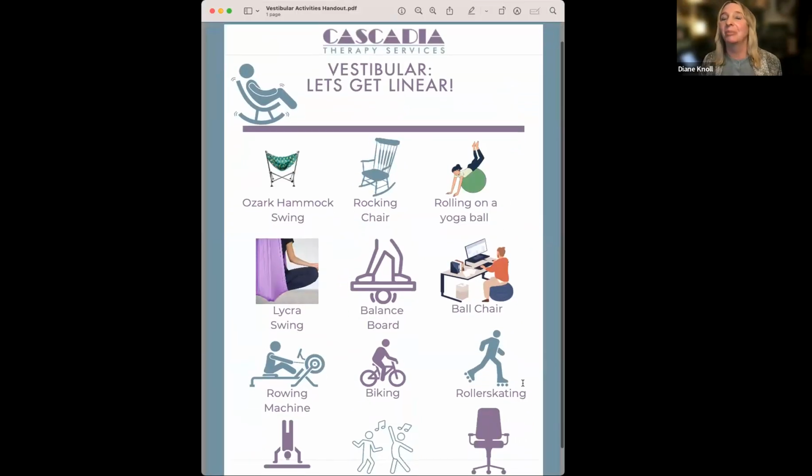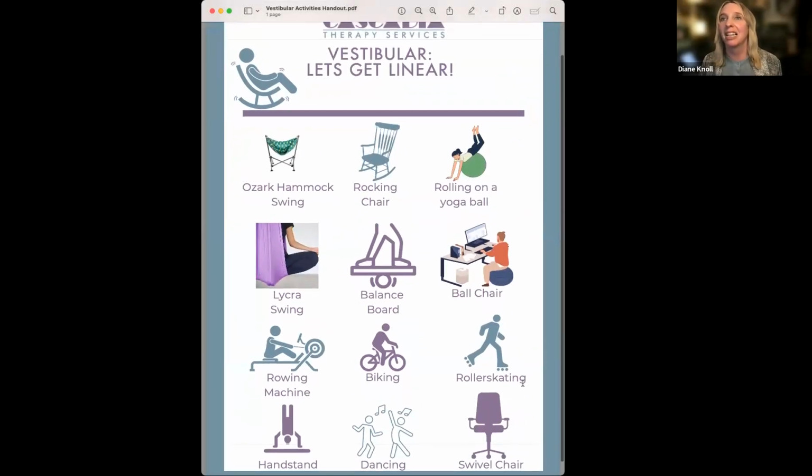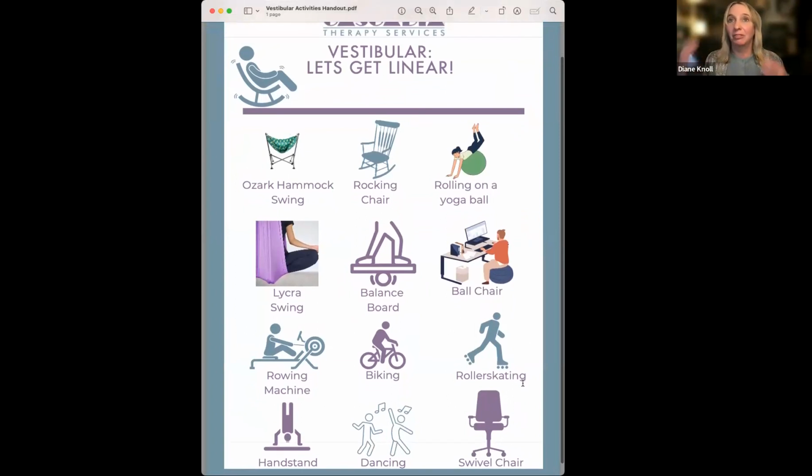This is something I came up with to facilitate the conversation. It's giving some examples and then sitting down with them and figuring out what are some things you might already be doing and not realize you're doing it to regulate yourself, as well as giving them some new ideas to incorporate into their routine.